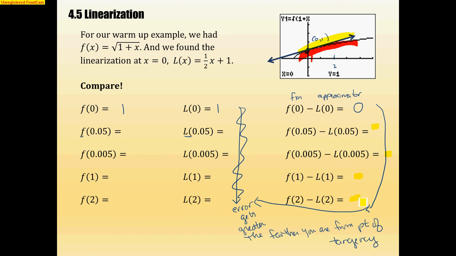And when I do say error, I mean the absolute value of the error. I know that these negative values were getting more and more negative, which is technically smaller, but I'm talking about distance, absolute value, the distance of the function from the line, the curve from its tangent line. All of these values were negative because the function lied below the line.